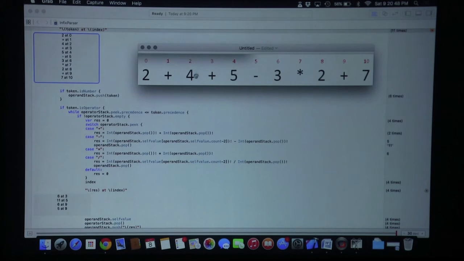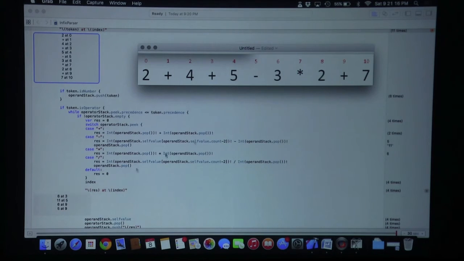Then this fifth minus modified 6 plus 5 to become 11.